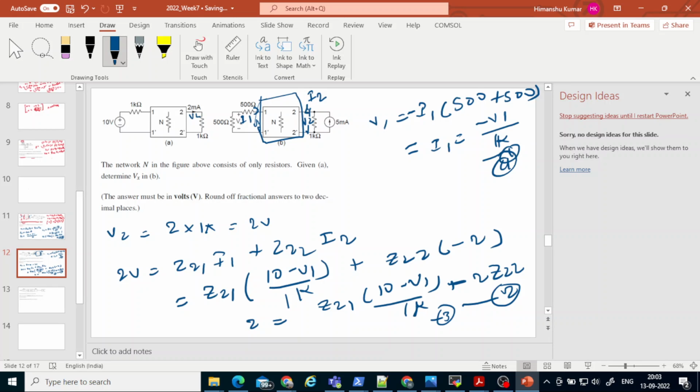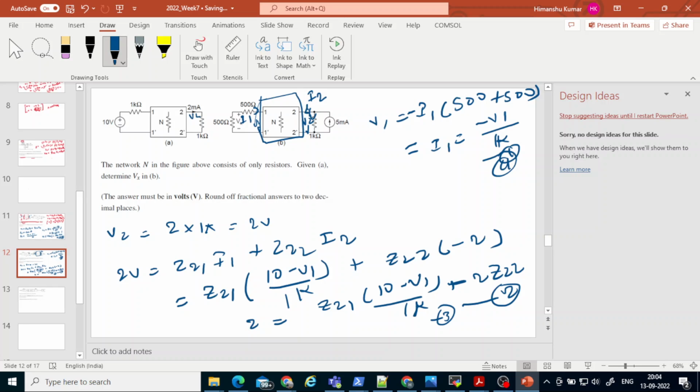And the fifth equation we can write: the current in this resistor will be V2 by 1k.